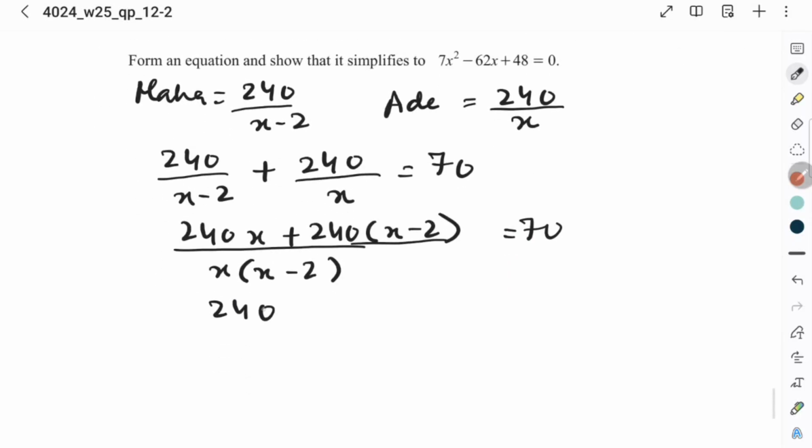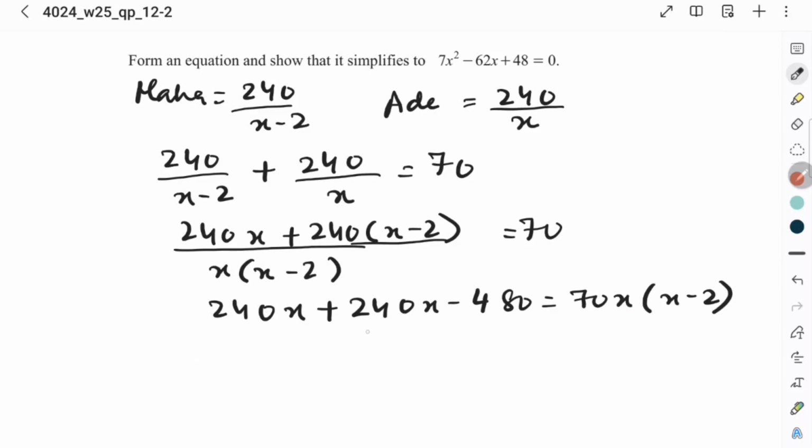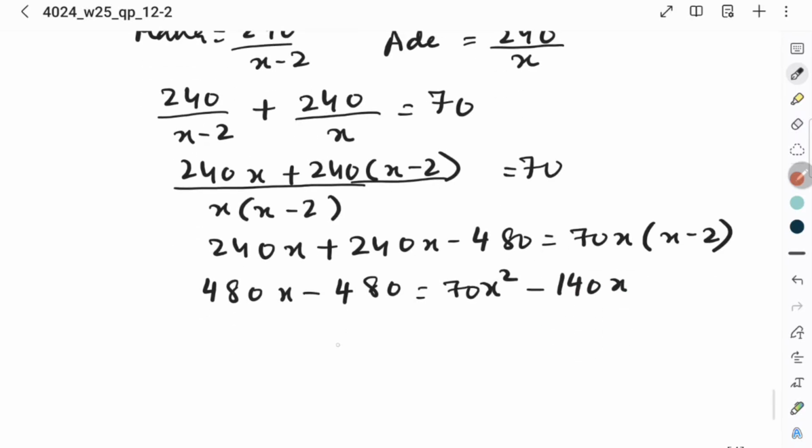240x plus 240x − 480 equals 70x into x − 2. Okay, now 480x − 480 equals 70x² − 140x (2 sevens are 14, 140x). Keep it at one side. So 70x² − 140x − 480x + 480 equals 0.